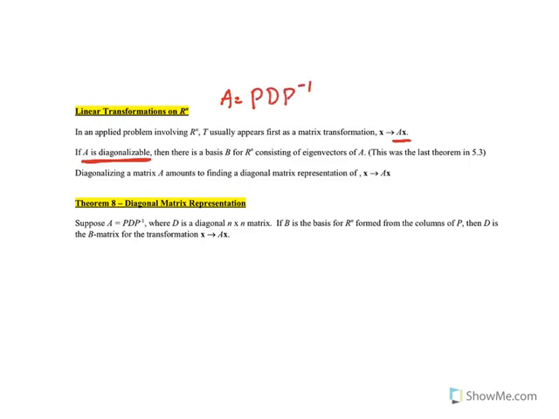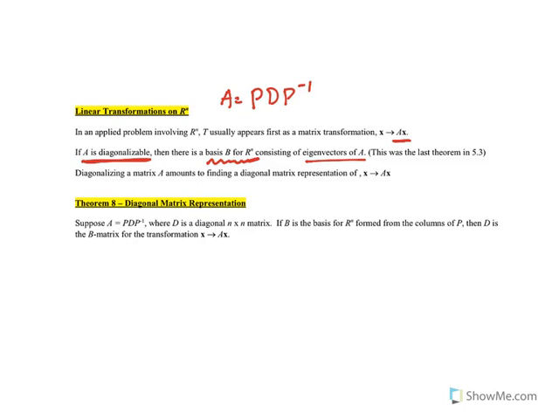Okay, one, there is a basis B for Rn that is just the eigenvectors of A. And that makes sense because if A is diagonalizable, then it has to have n eigenvectors, and if it has exactly n eigenvectors, and the eigenvectors are linearly independent, that's a linearly independent set of n vectors, which automatically makes a basis for Rn. It's connecting a few dots there, so if you need to play that again, pause and say that again.